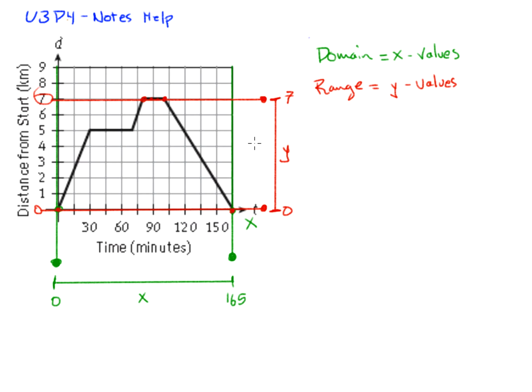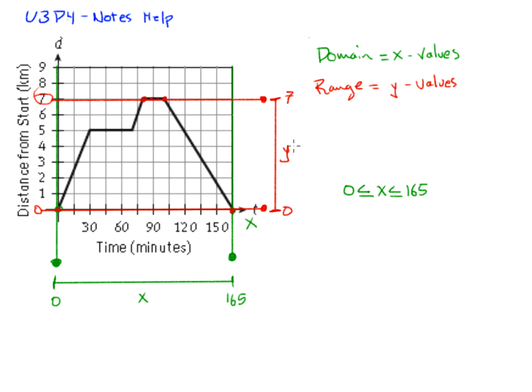The way we actually want to write this is I can say the domain, the green thing, is going to be 0 is less than or equal to x, which is less than or equal to 165. This is my domain.